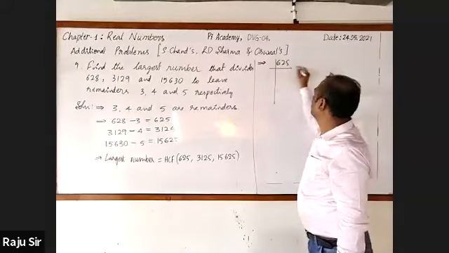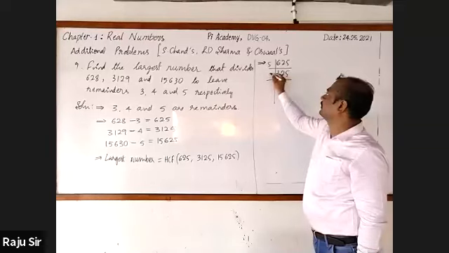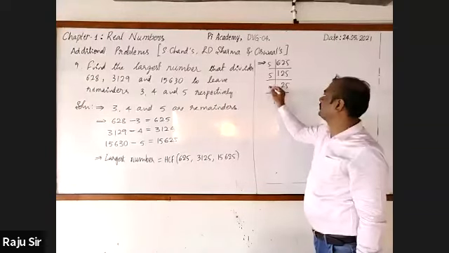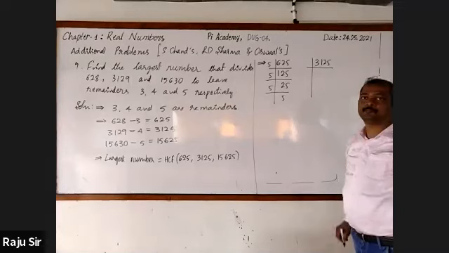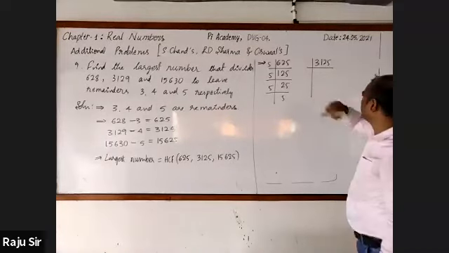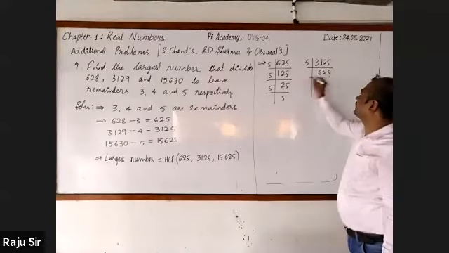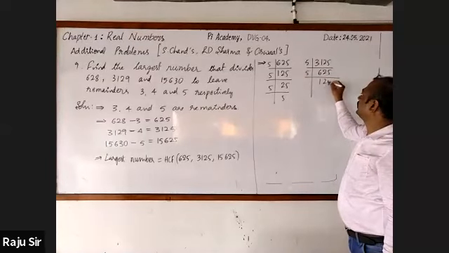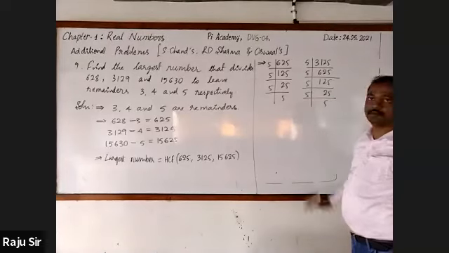625. Go for finding its prime factors. It is 5, 25, 5. Next, 3,125. It is 5, 125, 5, 125, 25, 5.